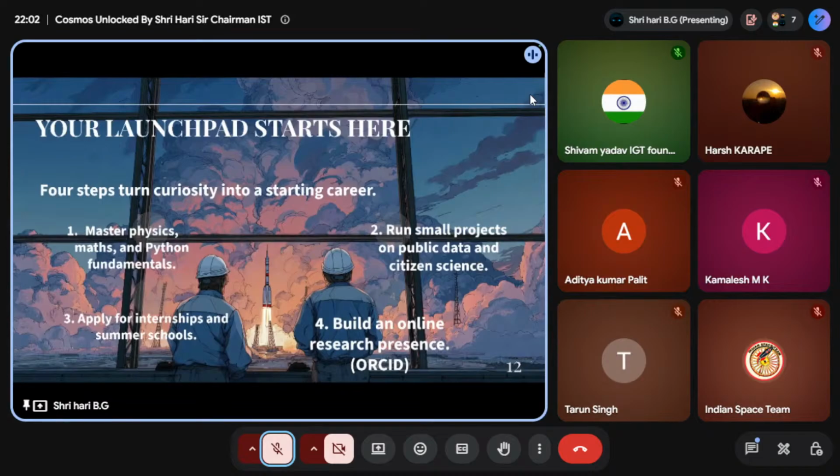It is a genuine platform for new researchers and student researchers, and the best platform to share your research projects. So after this, you go to ORCID.